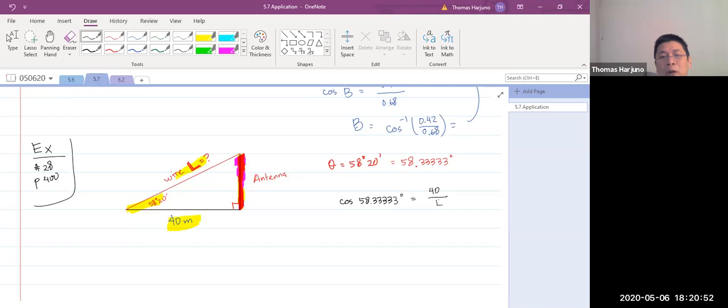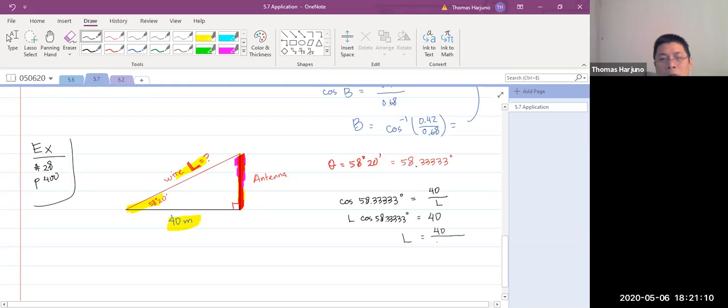Multiply both sides by L, so L times cosine of that angle equals 40. So L equals 40 over cosine 58.3333 degrees.